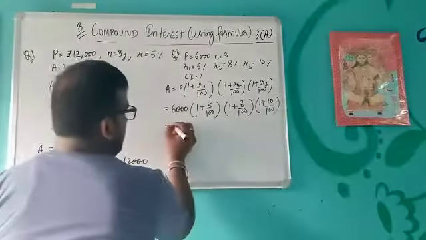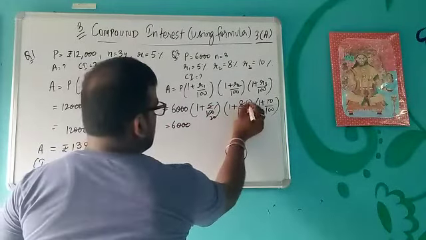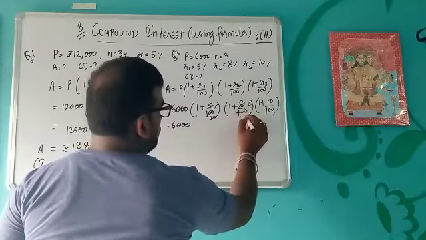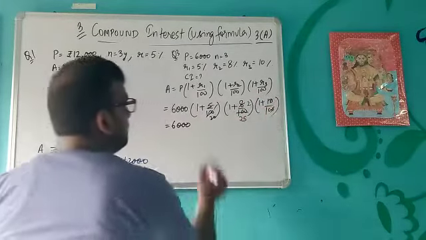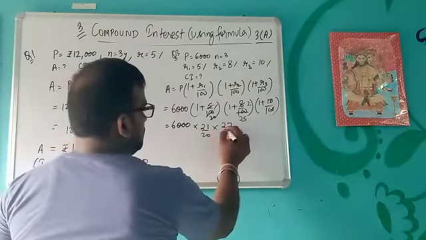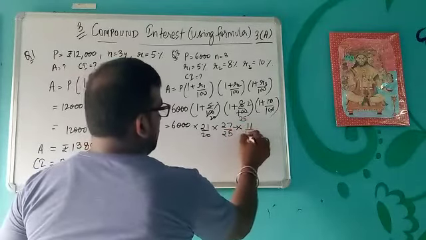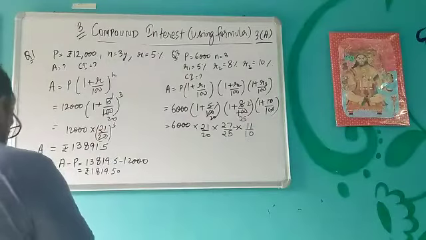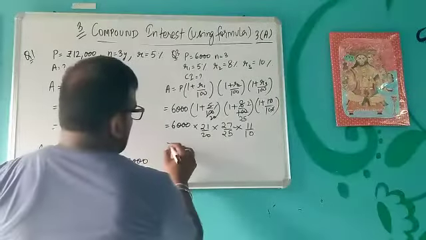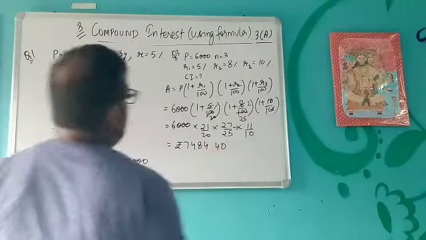So again, when we solve it, we will get 21 upon 20 into 27 upon 25 into 11 upon 10. After solving, we will get rupees 7,484 and 40 paisa.